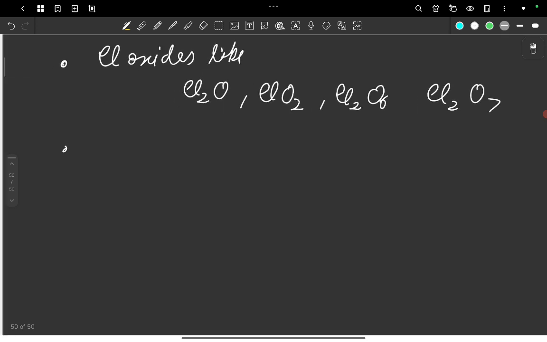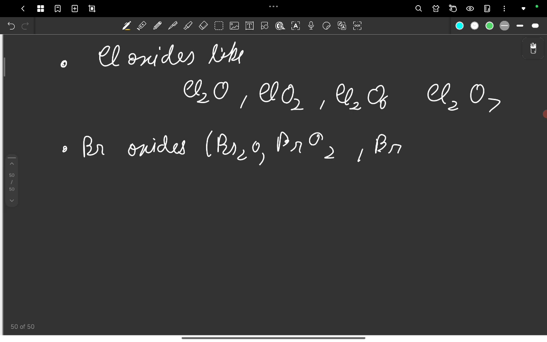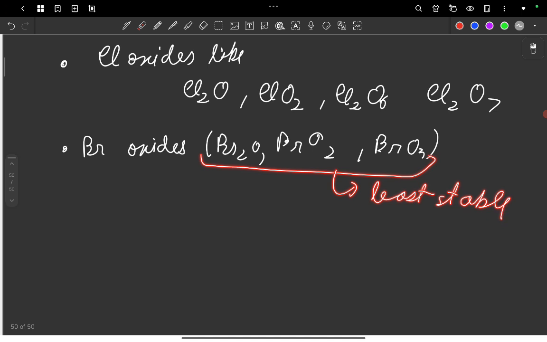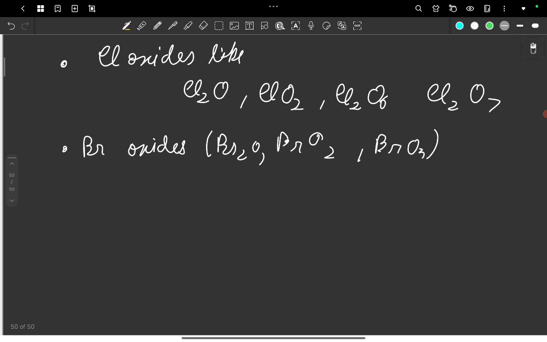Bromine oxides like Br2O, BrO2, and BrO3 are the least stable of the group 17 oxides, the least stable halogen oxides.